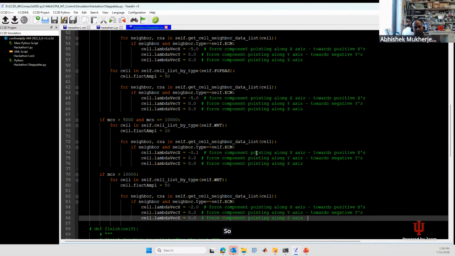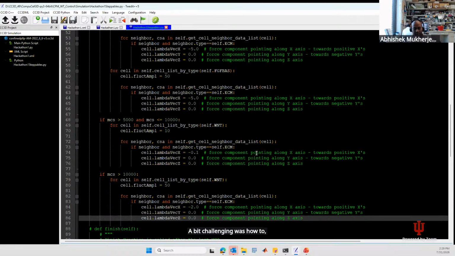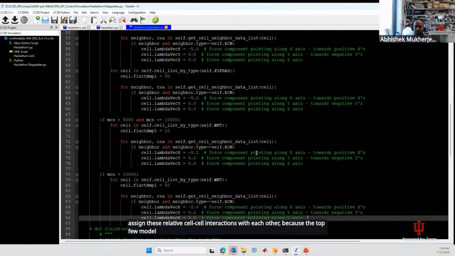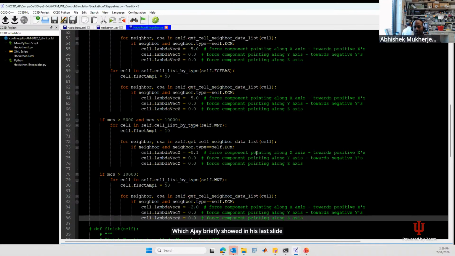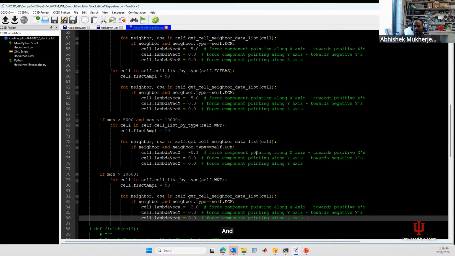So I think we briefly tried it out. Apart from the computational cost, which if we run on a cluster should be okay, the thing which was a bit challenging was how to assign these relative cell-cell interactions with each other, because the top view model, which Ajay briefly showed in his last slide, and this sagittal view model have different cell-cell interactions or parameters in terms of the contact energy parameters and so on.